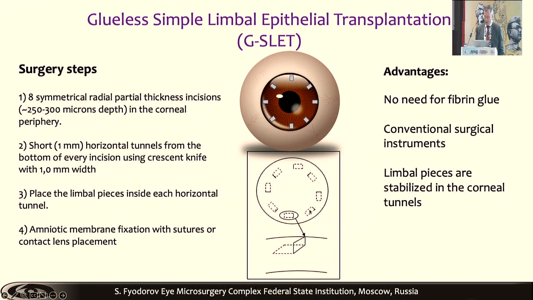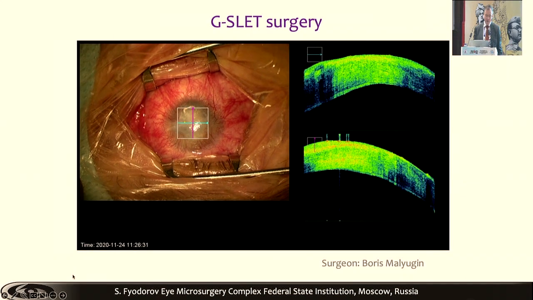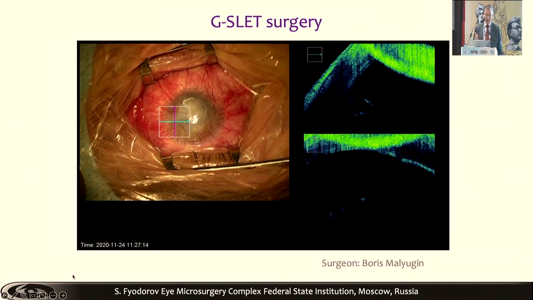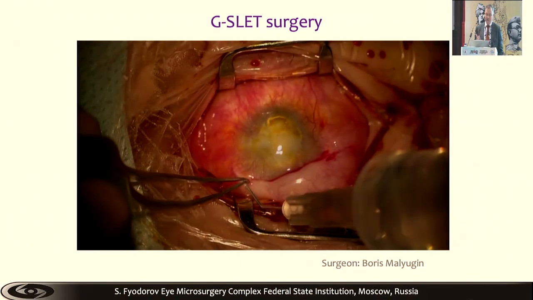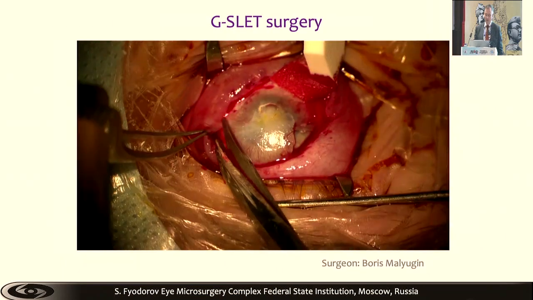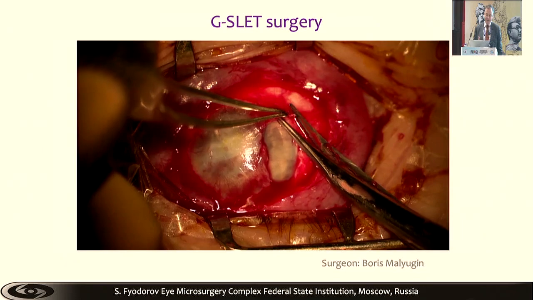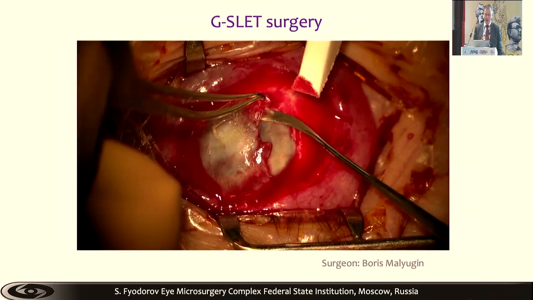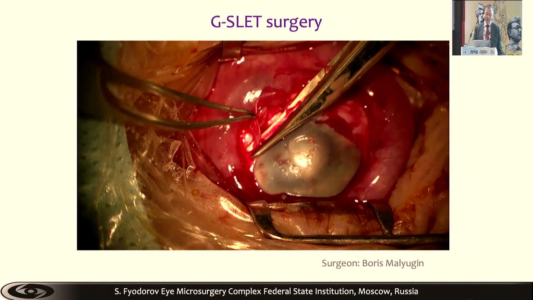So here is the procedure. As you can see here, we are doing intraoperative OCT to verify the damaged area of the cornea, and we are now excising the pannus from the surface of the cornea.